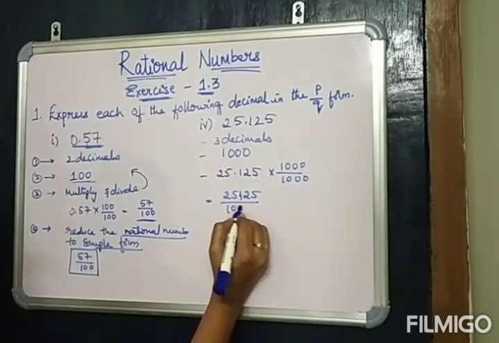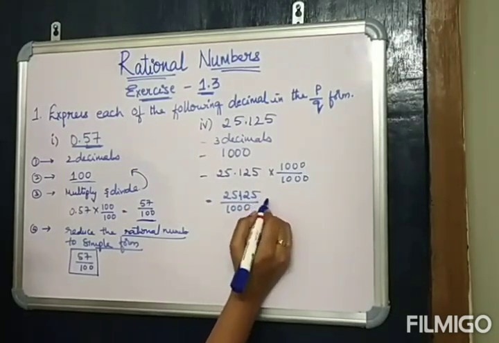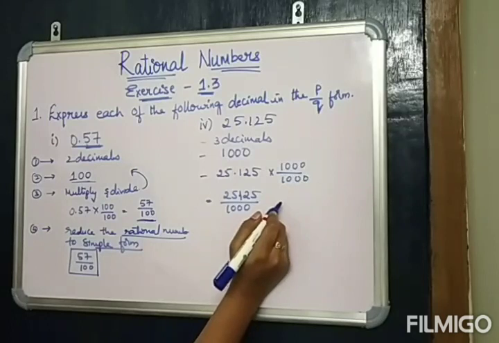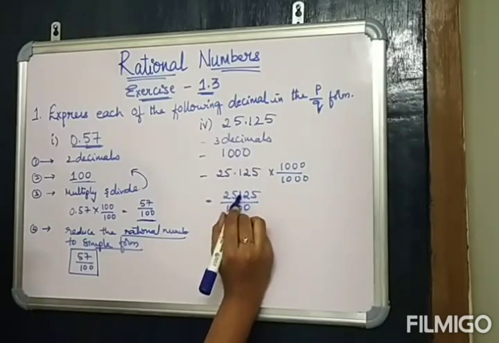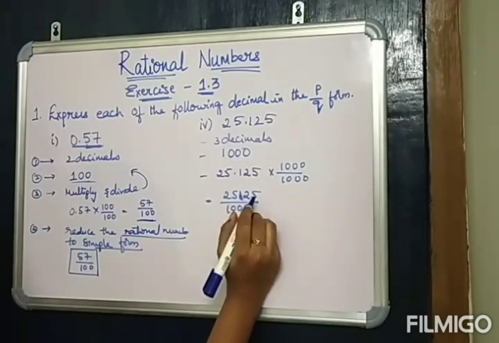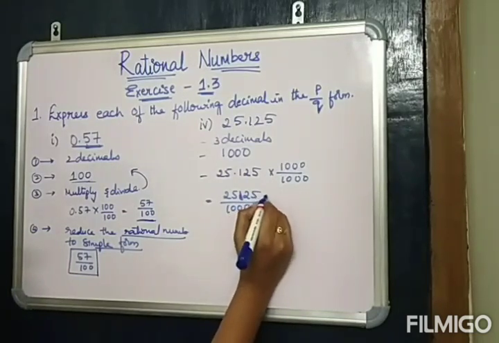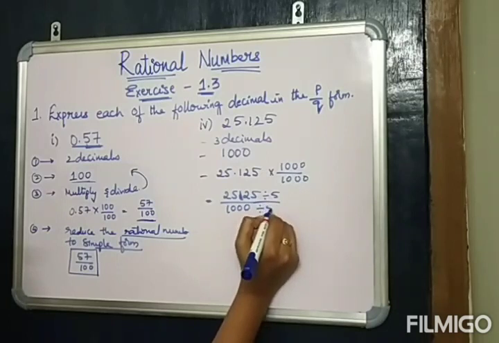25125 divided by 1000, and we have to convert this rational number into a simpler form. For this, we divide by 5.